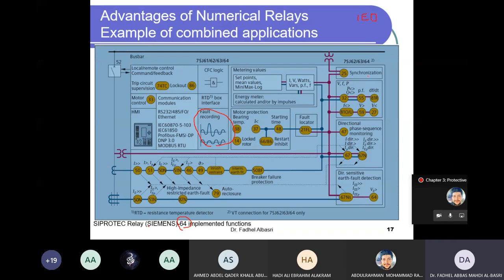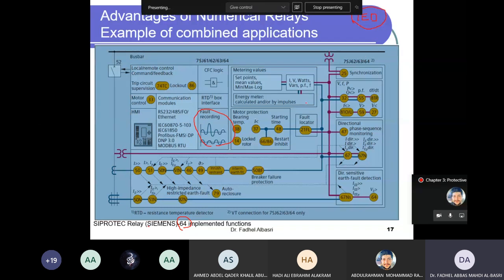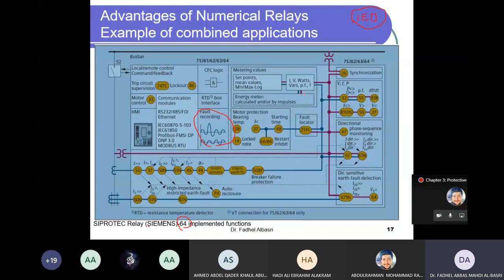Instead of calling it a numerical protective relay, it is IED, because it is very smart now. It can do protection, measurements, communication, all integrated in one design. That's why the terminology used nowadays is IEDs.